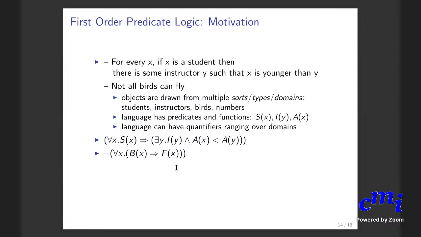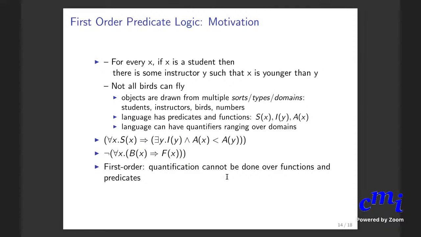Here it's first order, because the quantification cannot be done over functions and predicates. The quantified variables have to range over the domains that we make part of the language, and they can only range over first order elements, that is, elements belonging to those domains, not over functions.